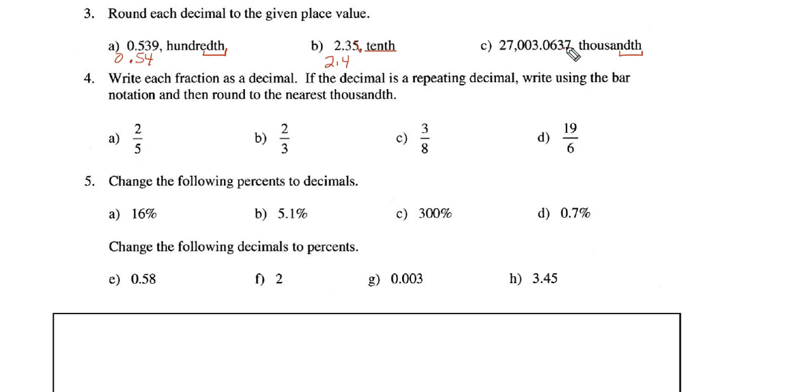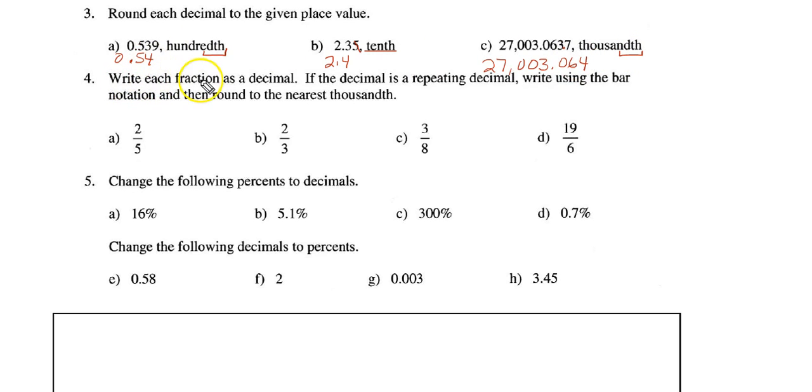So we're going to round this off by dropping the 7 and adding a 1 to the 3. So this becomes 0.064. So 3 decimal places is to the thousandths.